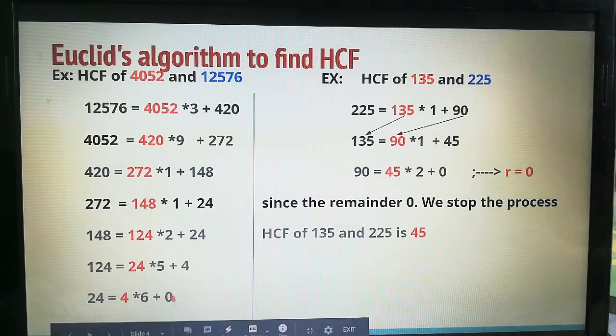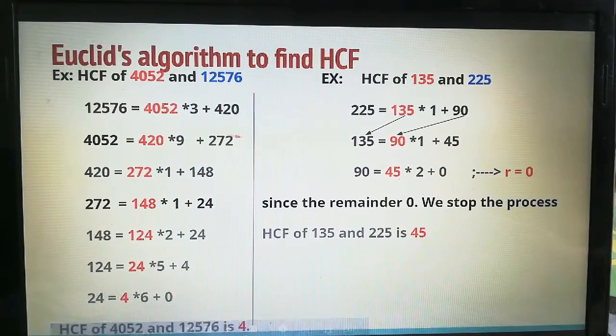So now we reach the remainder r equal to 0, so we'll stop and take the HCF as b, so b is 4. This is the HCF of these two numbers. So this is one way of finding the HCF using this algorithm. In earlier classes we have done it in many ways. Here our aim is to use this algorithm to find the HCF.